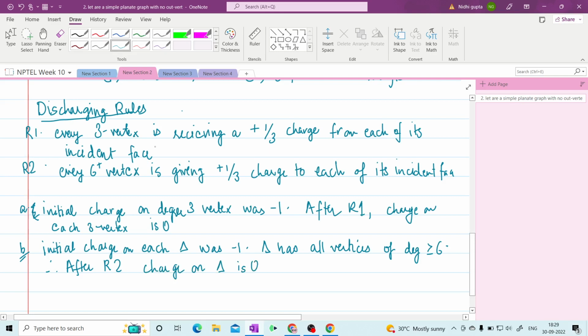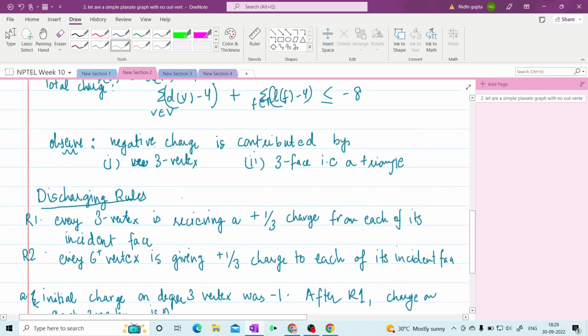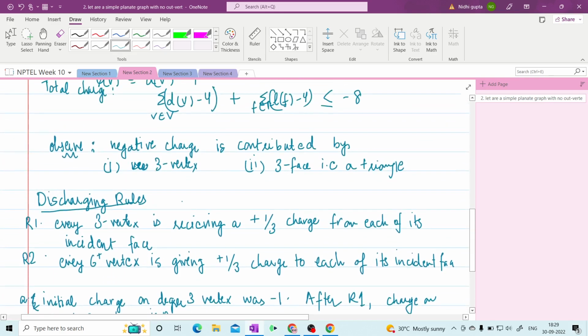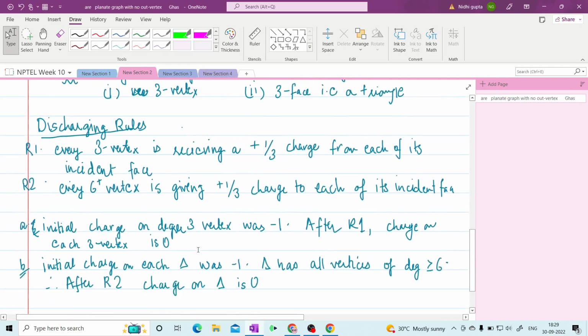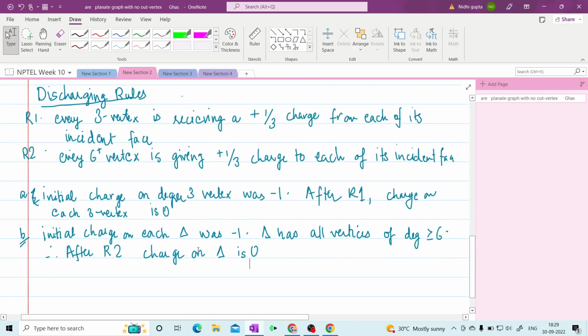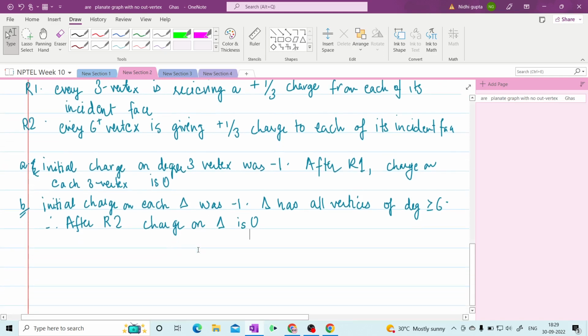So we also made this negative charge into non-negative. But this is not the only thing. We have done some changes here. The earlier negative charges, we have turned them into non-negative. But it might be a possibility that after our redistribution, the earlier non-negative charges have become negative. So we have to show that is not happening. So now we'll show this.